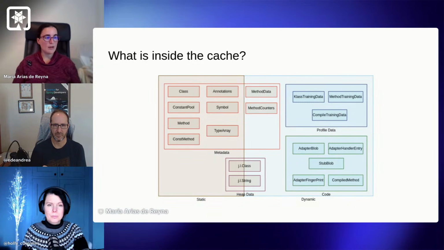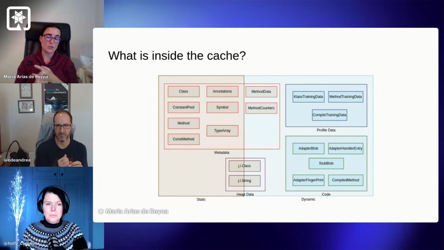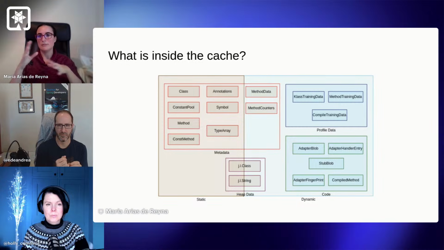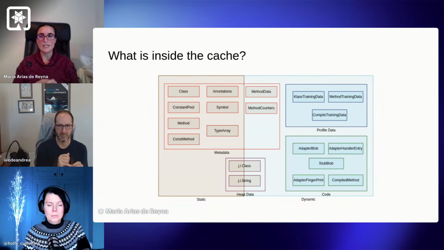Then we also have inside the metadata the method data and the method counters. Method counters store how many times a method has been run, and the method data stores the profiling information on how the method has been run. And we also now store some instance classes, like Java instance strings.